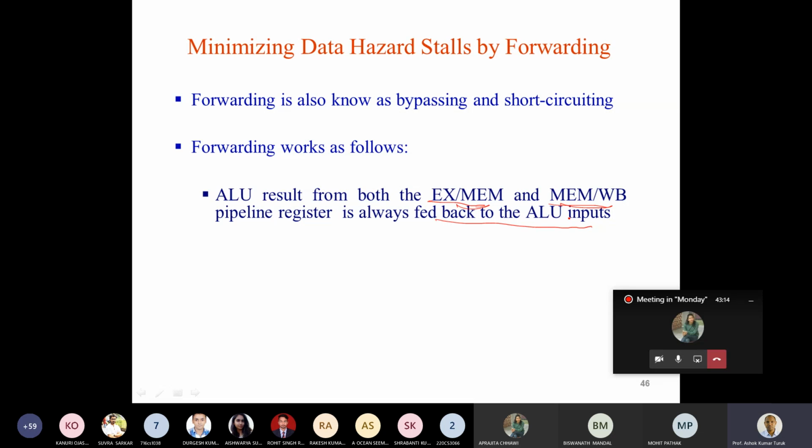So the ALU not only gets its input from the register file that is read, but the input also comes from two other sources: one from the execution memory stage pipeline register back to the input of the ALU, and one from the memory and write back stage back to the input of the ALU. So we have more than one source for one of the ALU inputs.